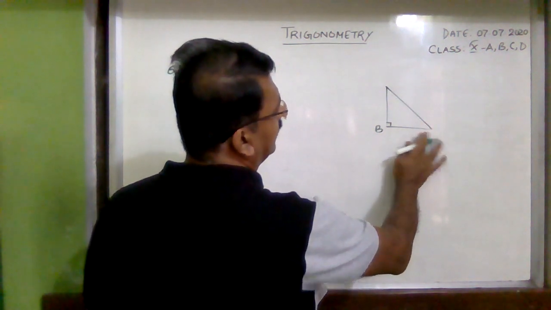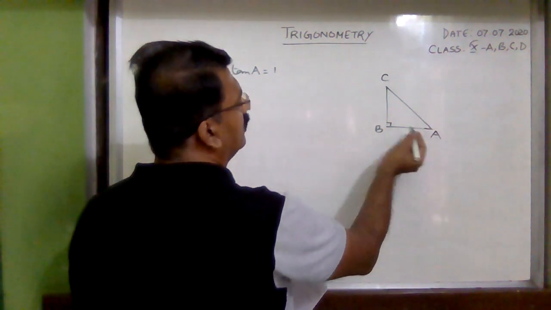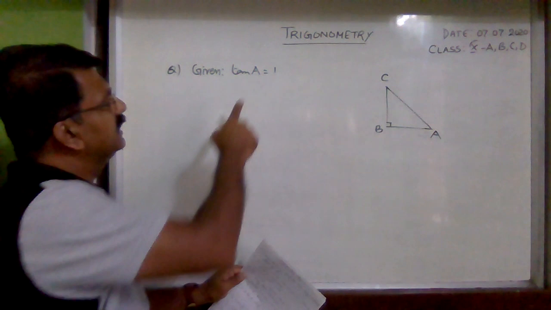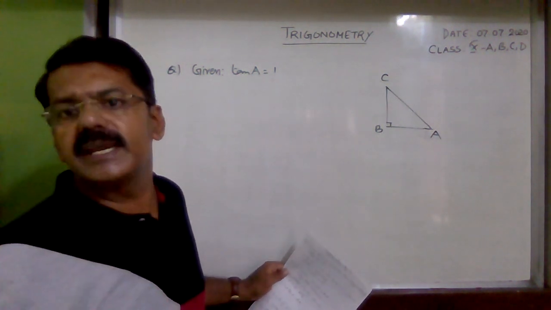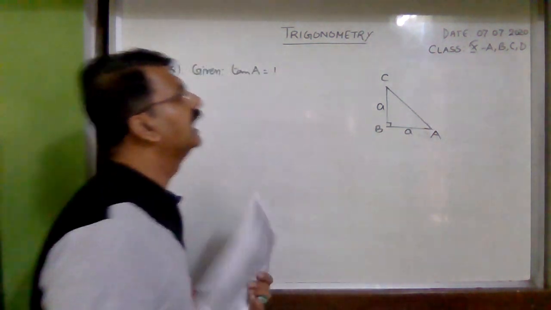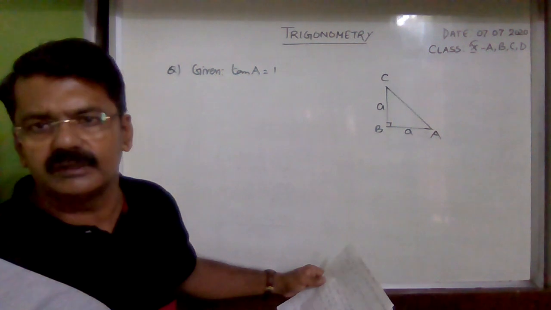We will write A here for the convenience and C here. Now tan A is perpendicular upon base, which is equal to 1. That means perpendicular and base are equal. So suppose this is a and this is also a. Clear? Then you can see tan A is perpendicular upon base, that is a upon a, that will be 1.